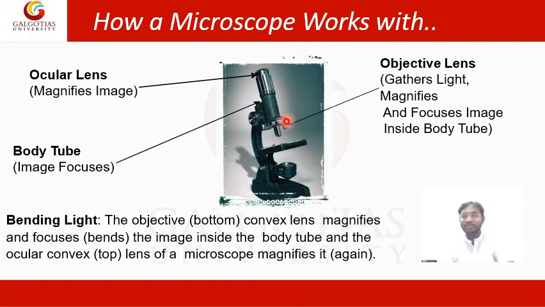Next, high power is 45x, meaning it magnifies around 45 times. And oil immersion increases the size of the bacteria 100 times, usable through the eyepiece. This is one of the most important parts of the microscope.